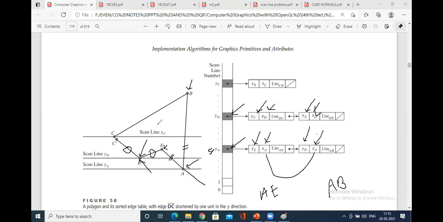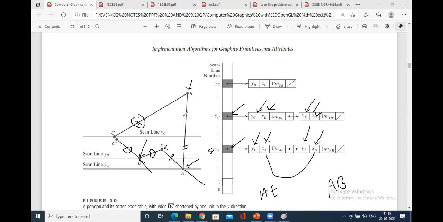Similarly, you proceed further. So when you come to C, see here YC, so YC will have only one edge. It will not have two edges. YC will have only one edge. So what is the value of Y at this point? It is at this point YC at this scan line.